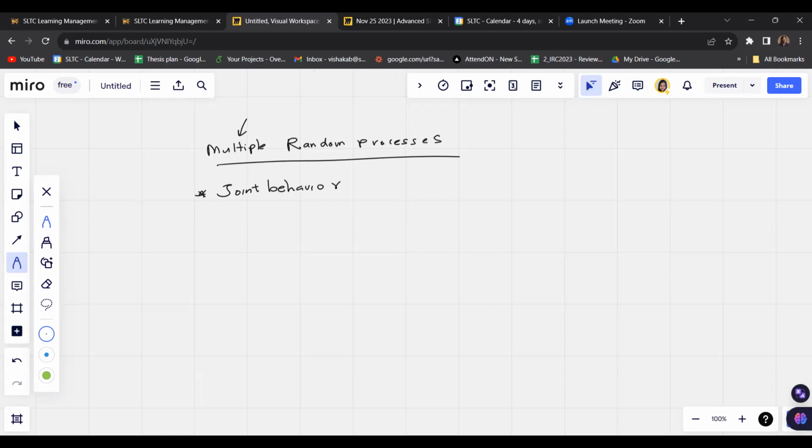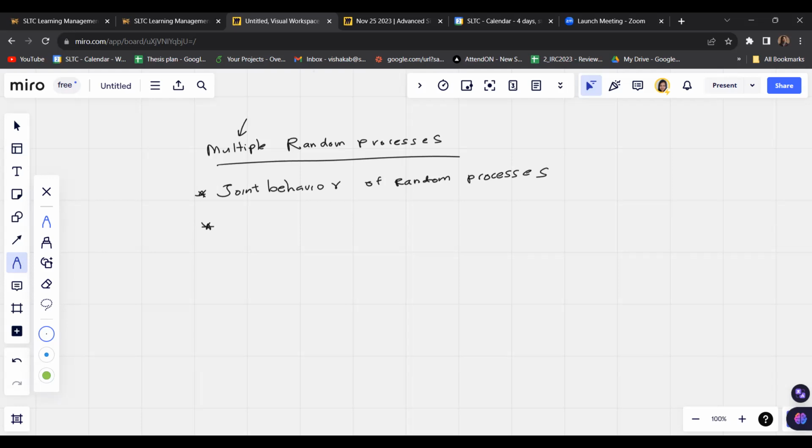So the joint behavior of random processes is what we are going to consider here.